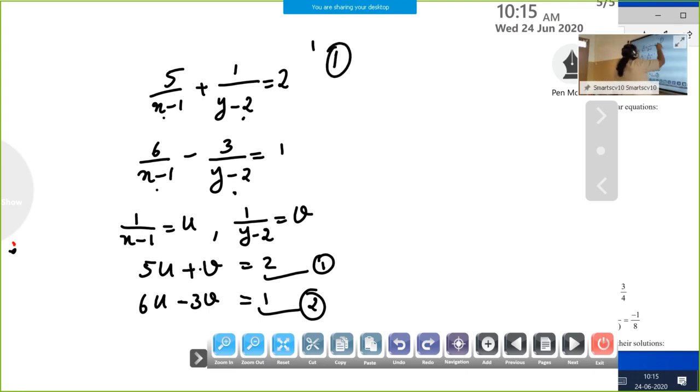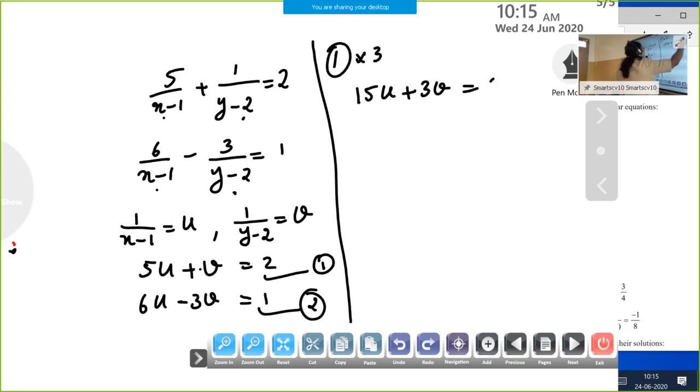The equation becomes 15u plus 3v is equal to 6. 5 into 3 is 15, 1 into 3 is 3v, and 2 into 3 is 6. For the second equation there is no need to multiply, because the coefficient of v is equal: 3v in both. One is positive and the other is negative.